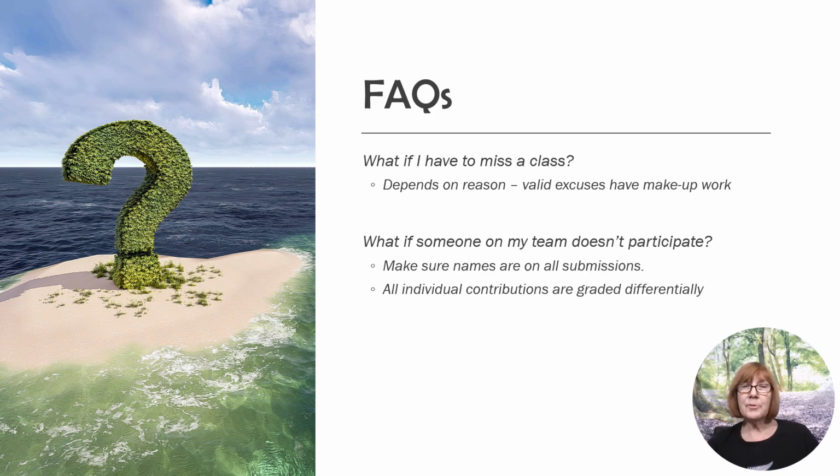Well, most of the projects will have individual contributions which are graded differentially. So you want to make sure that you identify what parts that each person did. Make sure that you submit those projects with the names of the participants on the submission, because I really don't want somebody to get credit for something that they didn't do. So I need to have an idea of who participated.